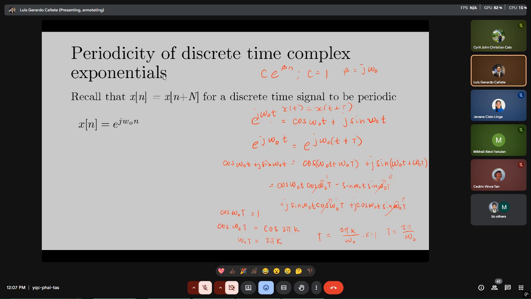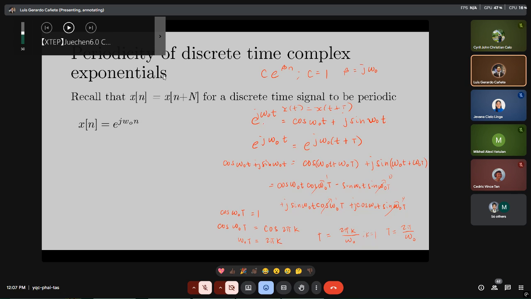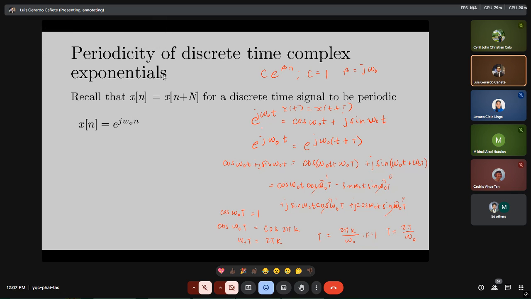So that means that when omega o is equal to 1, there is no other value of omega o that will satisfy this equation, right? There is no other value. Every single value of omega o is always going to generate another frequency. There are no frequencies wherein they have different values, but they evaluate to the same signal. Does that make sense to you?